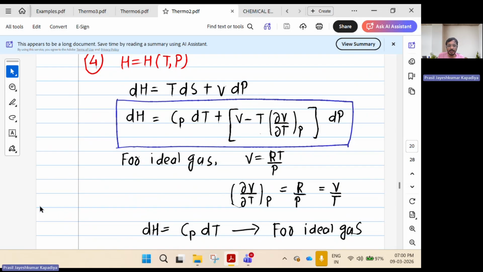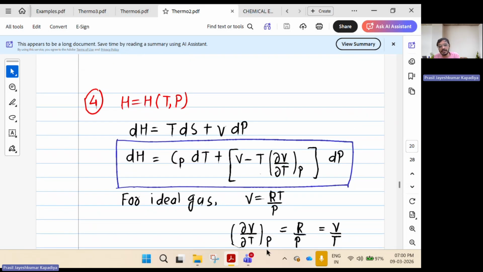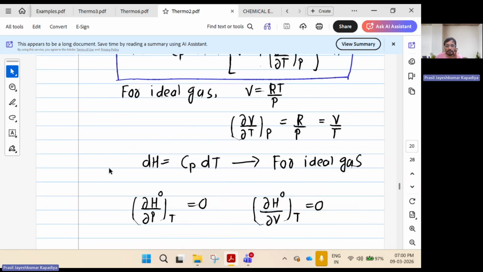Now we are talking about ideal gas. So when I'm talking about ideal gas, what is del V del T at constant pressure going to be? It is going to be R by P, which is V by T. So this term is going to be zero. So for ideal gas, enthalpy only depends on temperature. It does not depend on pressure.